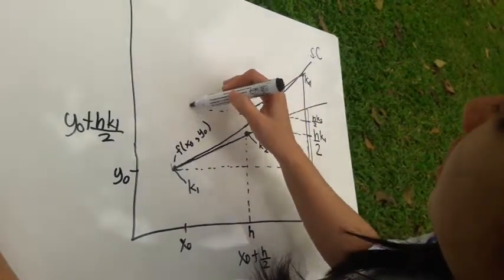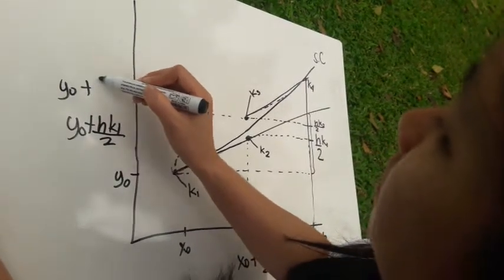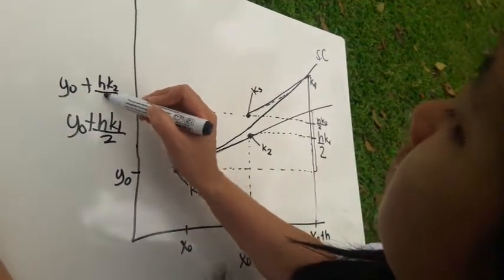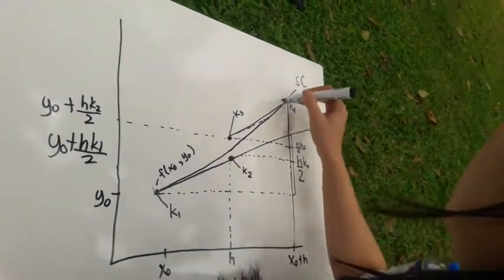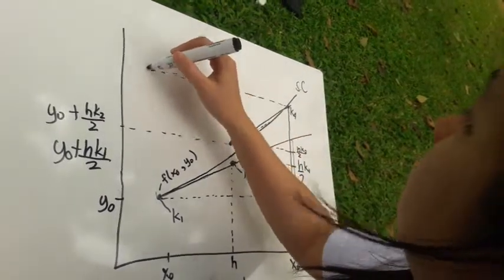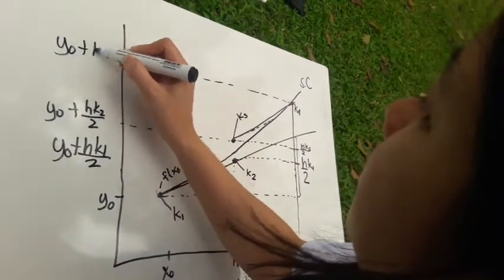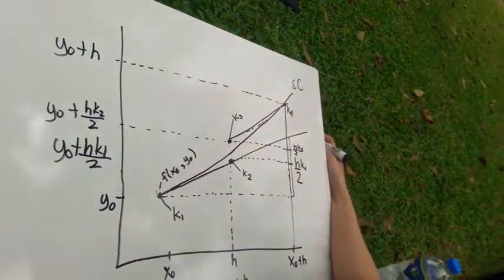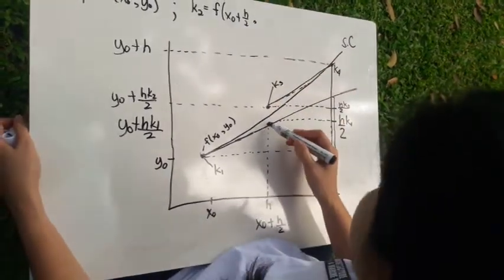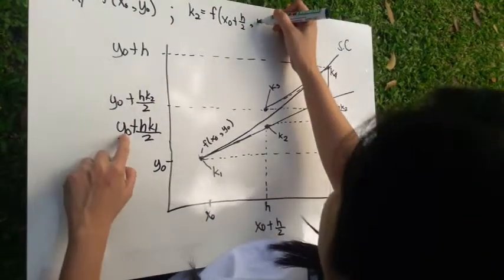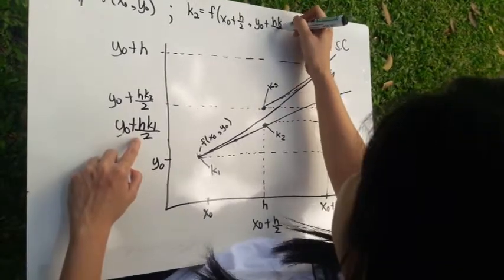So this K2 is y sub 0 plus h K1 over 2. And then this one is our y sub 0 plus h over 2 and function of y sub 0 plus h K1 over 2.